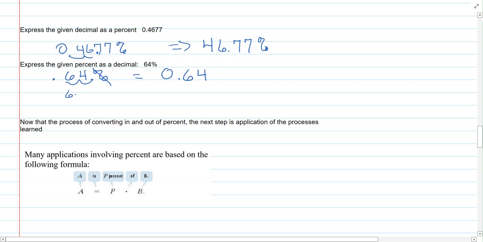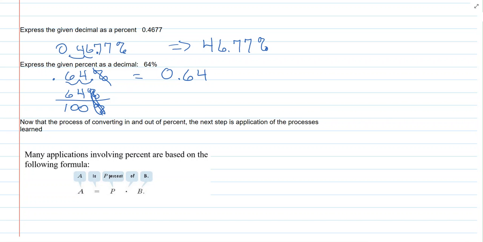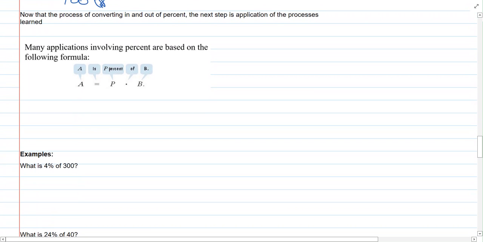Or if you wanted, you could put the 64% over the 100%, cancel those, and then divide it out. But it's the same thing. It's easier to move the decimal. So hopefully everybody's got a handle, because now we're getting into what we really need: our homework and the understanding of the processes.